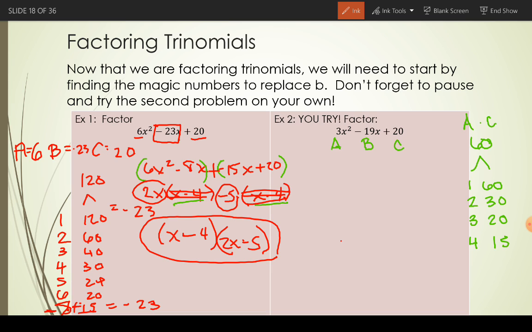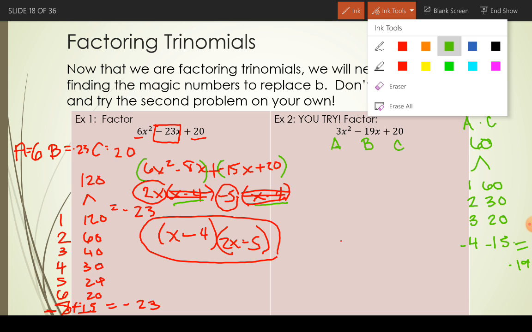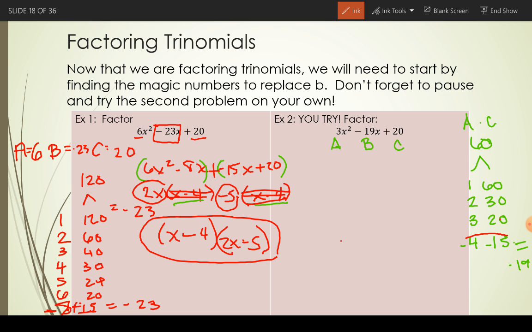All I need to do is figure out what I need to do to 4 and 15 so that when I add them, I get negative 19. So if we make both of these negative and we add them together, we'll get a lovely negative 19. And that's exactly what we need. So our magic numbers are going to be negative 4 and negative 15.